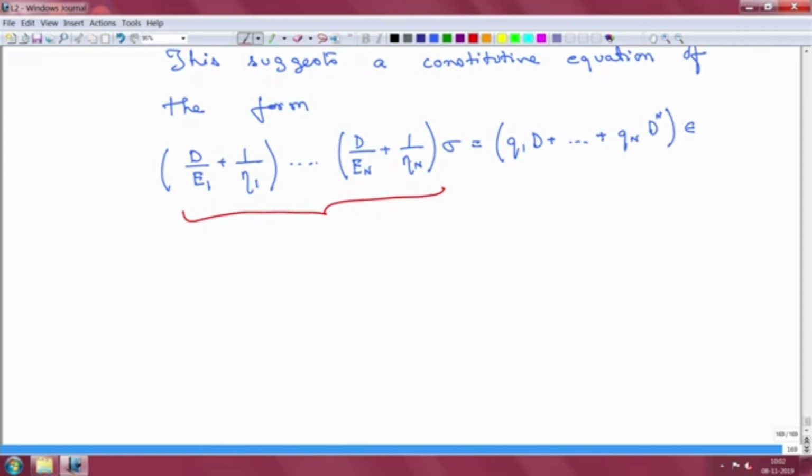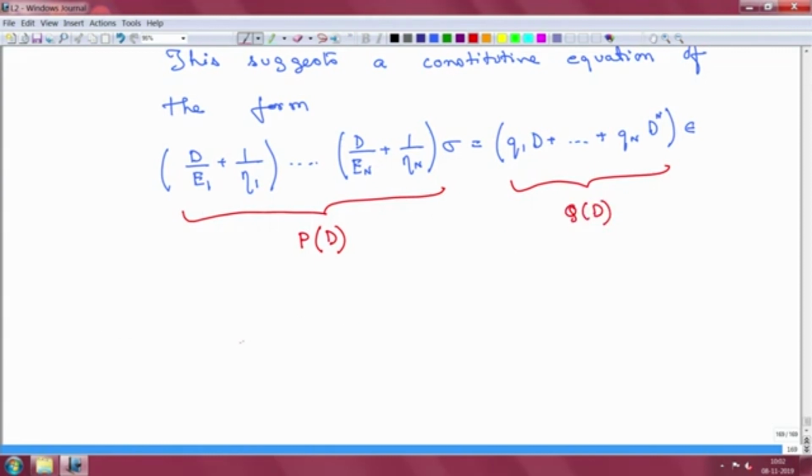So, this is also effectively a polynomial in the operator D, with the highest power being capital N again in this case. So, the highest powers on both sides for the operator D are the same. So, what we can say is that this is actually some polynomial P of D, and this is some polynomial Q. Okay. So, this is sort of an abbreviation for this entire polynomial.